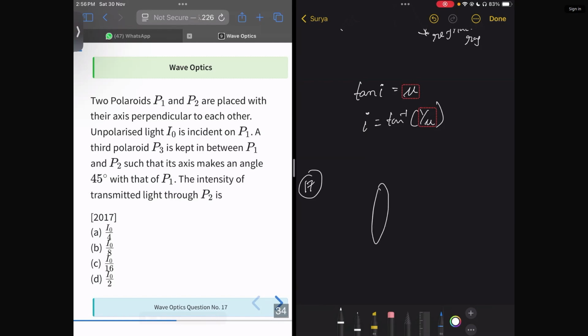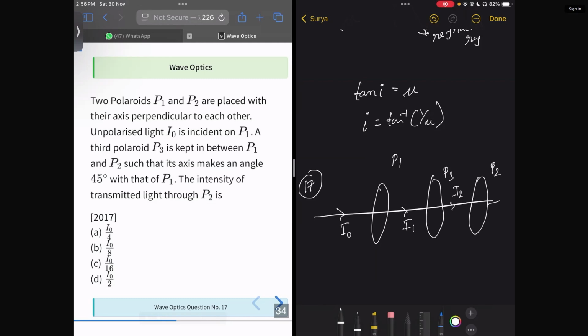So there is P1 and P2. Suppose now P3 came into the picture in between P1 and P2. Suppose it is I1 after P1, I2 after P3, and I3 after P2.